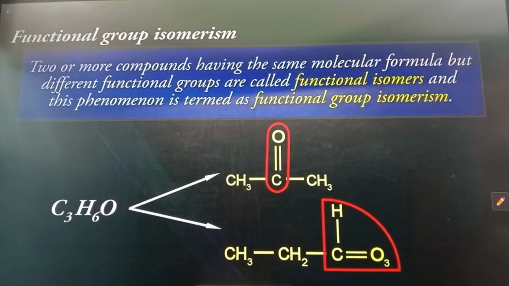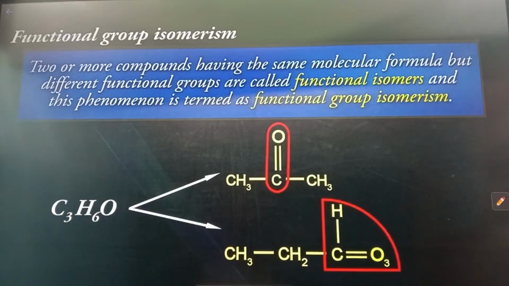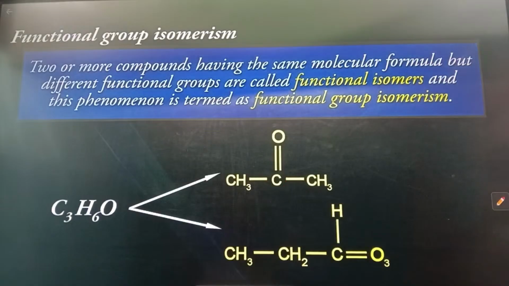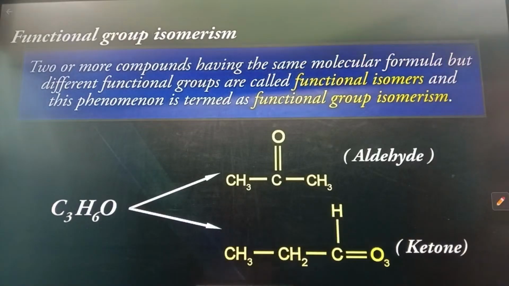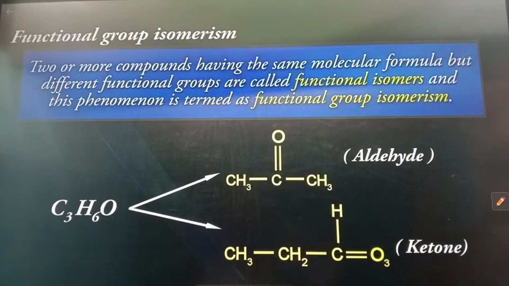And this phenomenon is termed as functional group isomerism. For example, C3H6O represents an aldehyde and a ketone, that is, propanone and propanal. Hence, both propanone and propanal are functional group isomers of C3H6O.